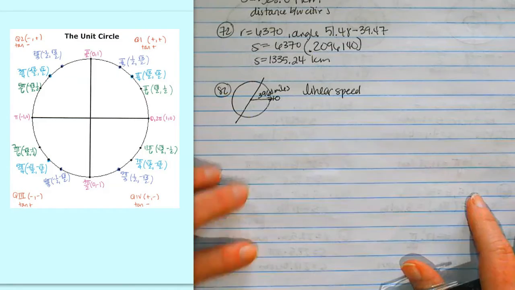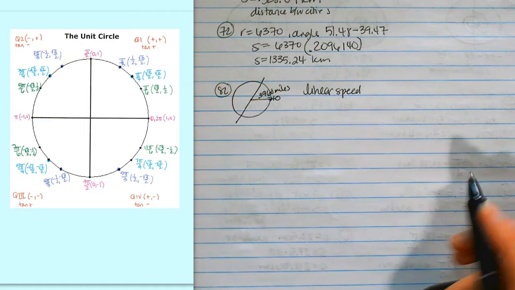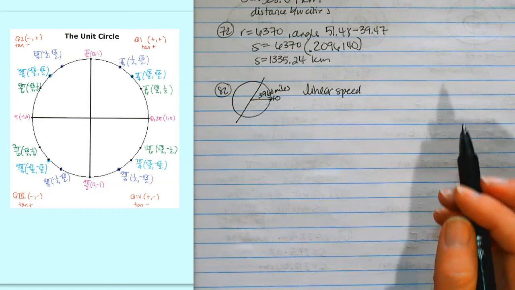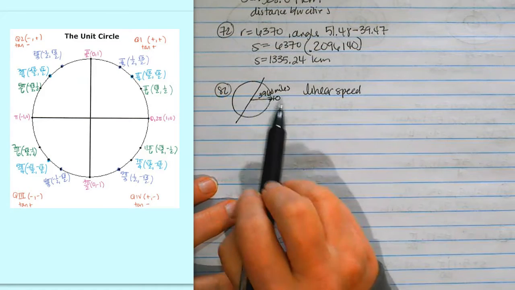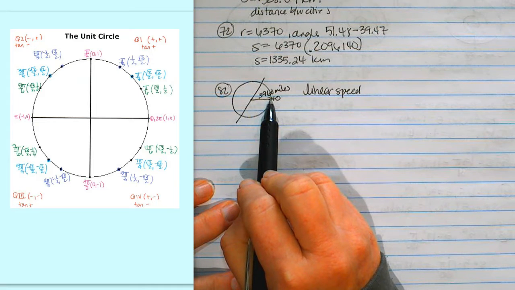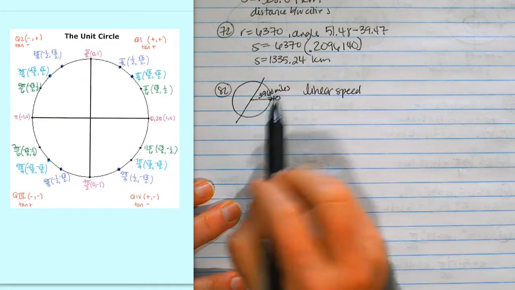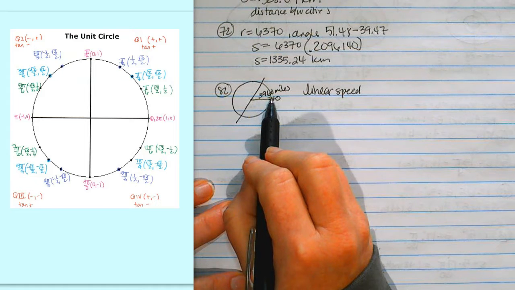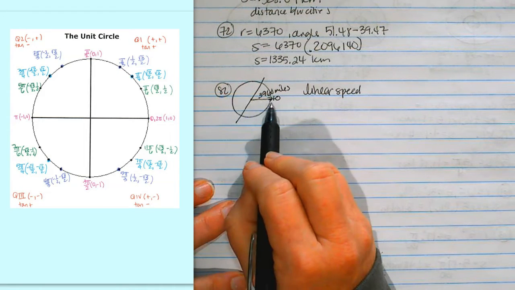Sorry about that. Okay, for 82, they tell us the Earth takes roughly 23 hours, 56 minutes to rotate once around its axis. So we're imagining there's a person standing on the equator, because they tell us that, and the Earth is rotating around its axis, and we're looking at them standing on the Earth going around in a circle.